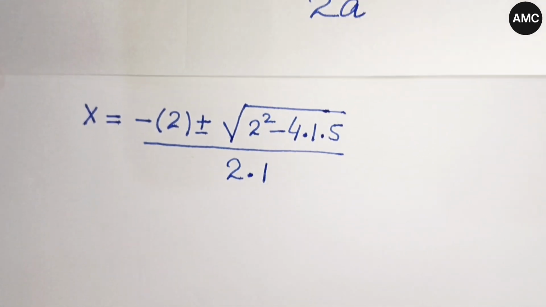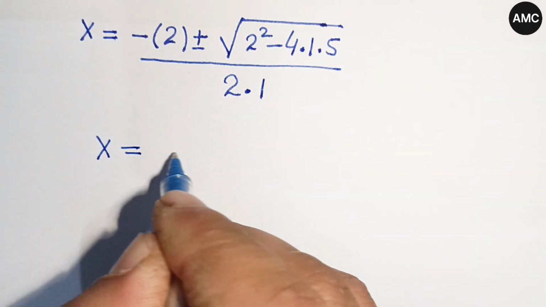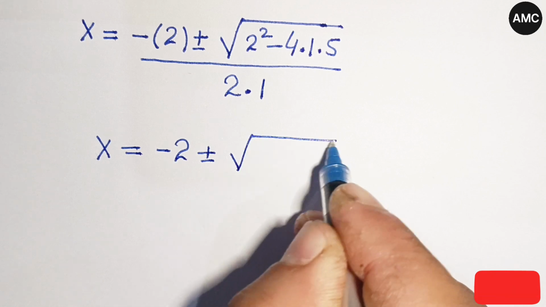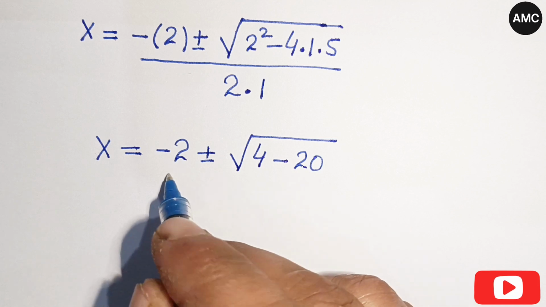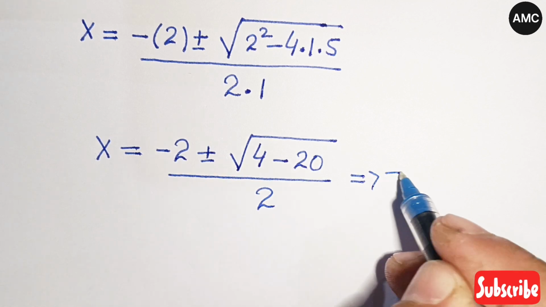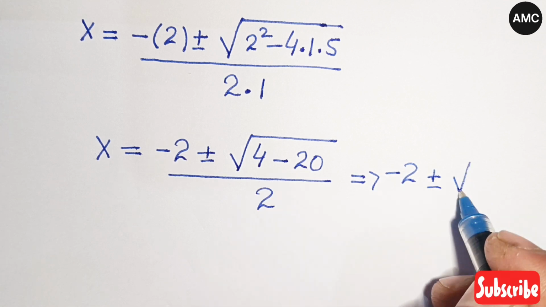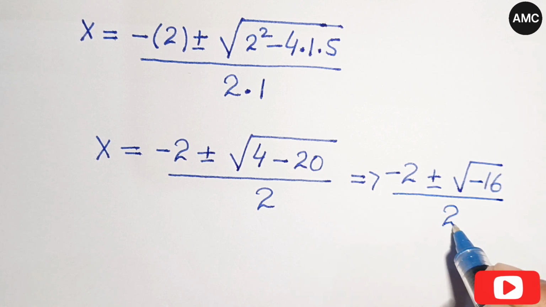Now here x is equal to minus 2 plus minus square root of 2 squared is 4 minus 5 times 4 is 20 all over 2 times 1 is 2. Here we have minus 2 plus minus 4 minus 20, we get square root of minus 16 all over 2.